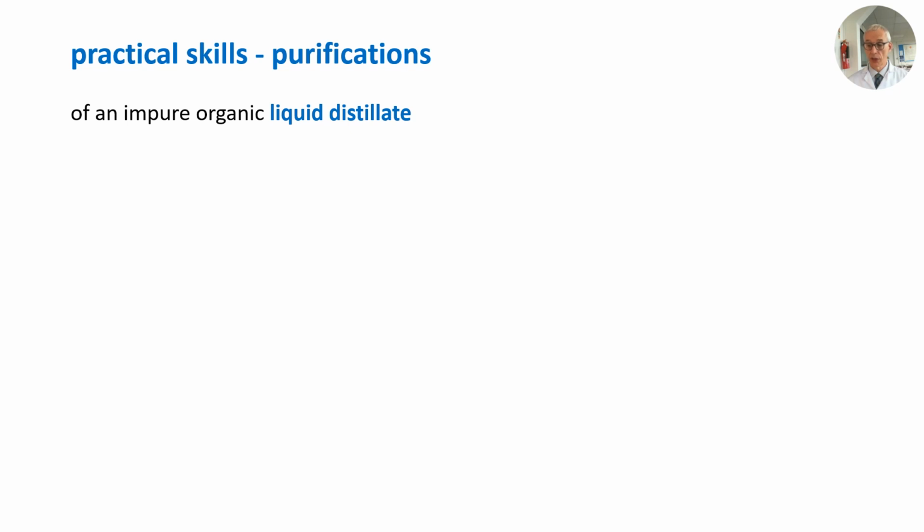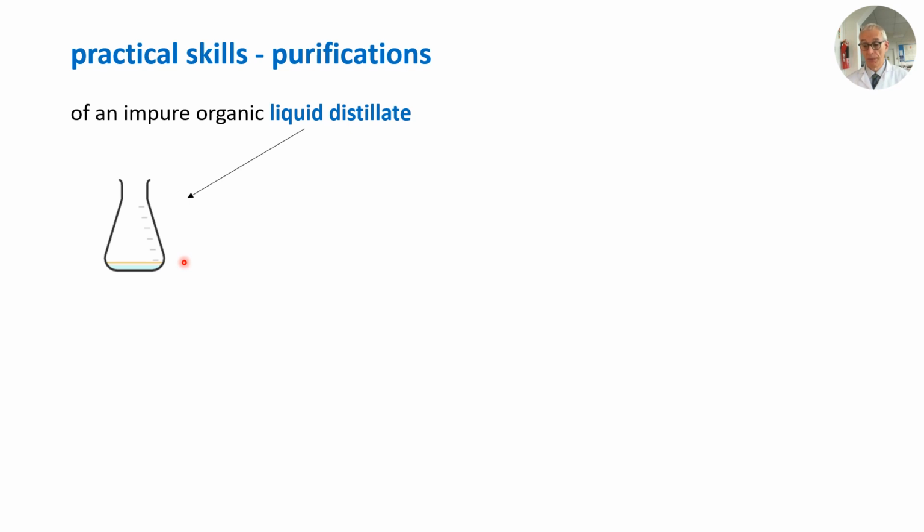So as mentioned on the previous slide, you're going to obtain from a distillation an impure liquid distillate. So an important part of your practical program is how to purify an organic liquid. We generally assume that the liquid will form two layers.